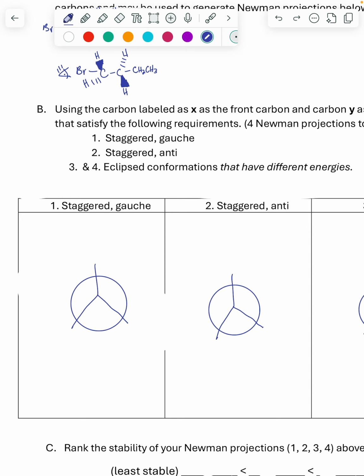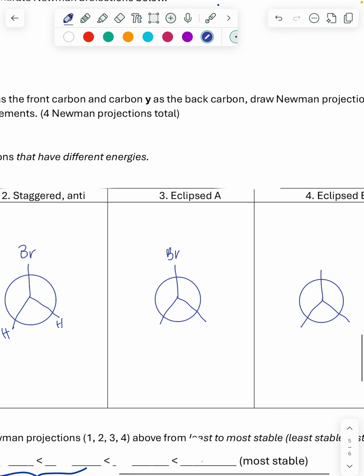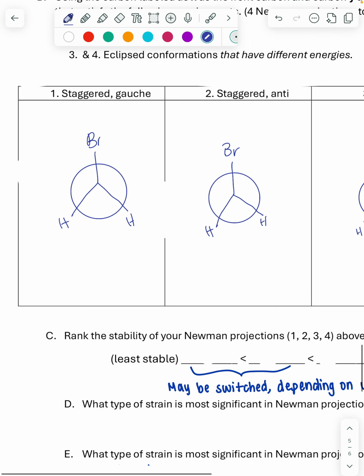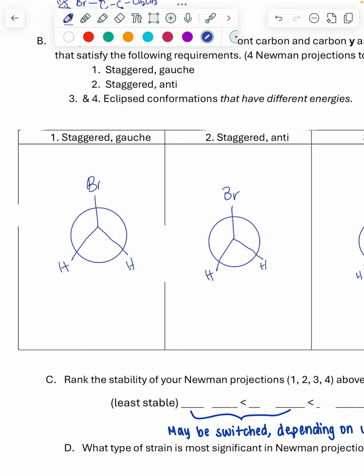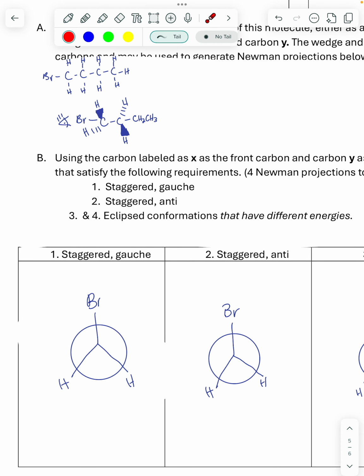Okay, I'm actually going to put the bromine up here. I feel like it'll make more sense if I do that. I think you'll be able to see the anti a lot better. So then we see that directly across from bromine is the ethyl.